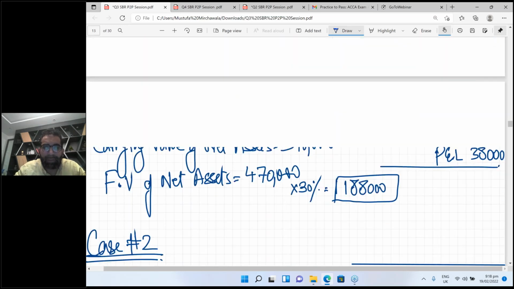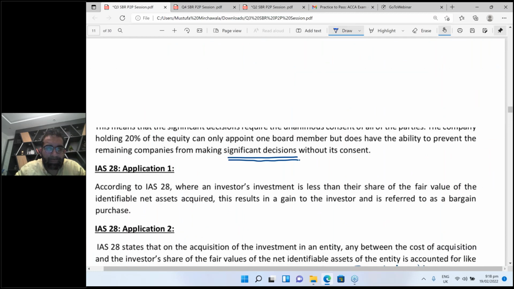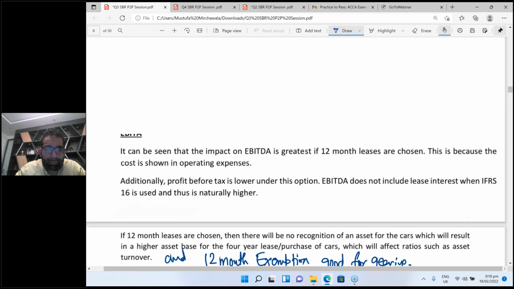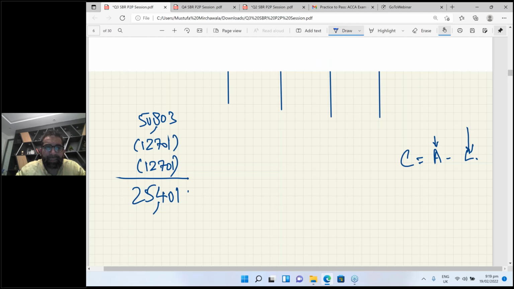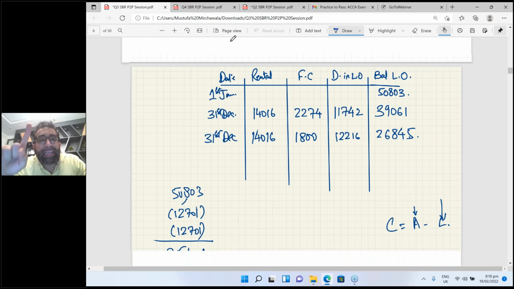Yes, see this. Do you remember this lease amortization schedule? I have made this imaginary lease amortization schedule for you guys.